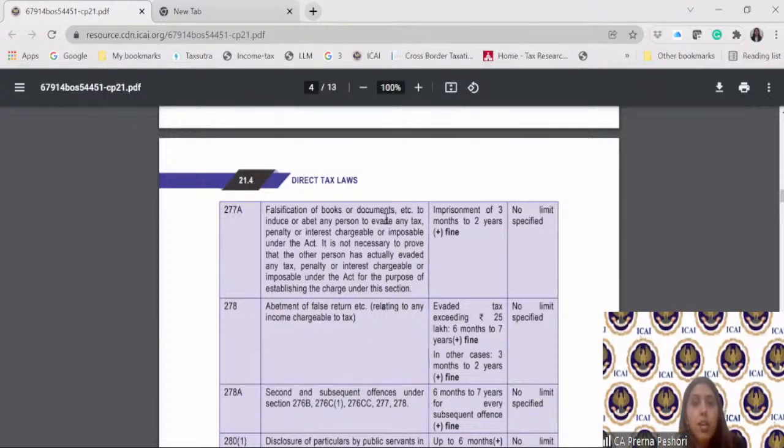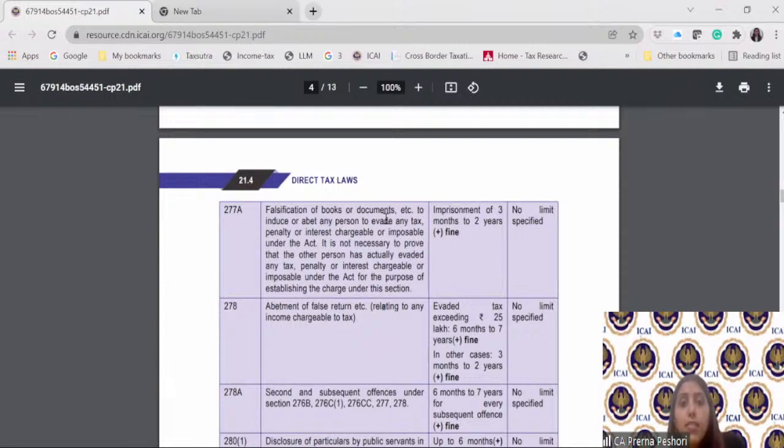And plus there could also be a fine. It is not necessary to prove that the other person has actually evaded any tax, penalty or interest for the purpose of establishing the charge under this section. Is that clear?